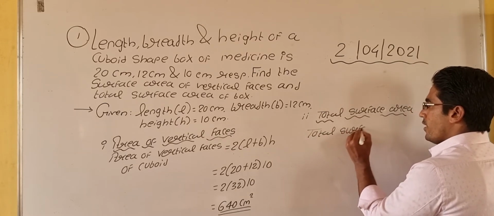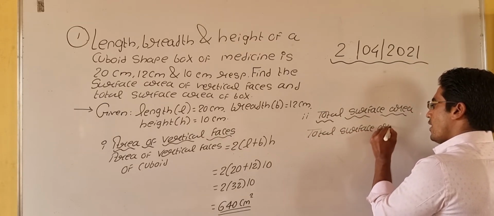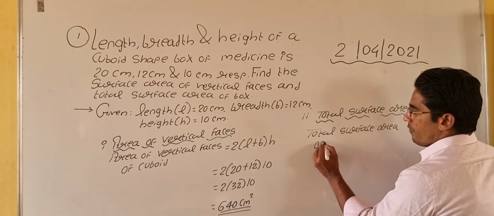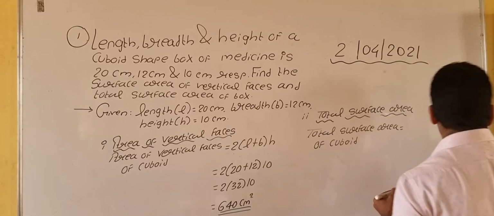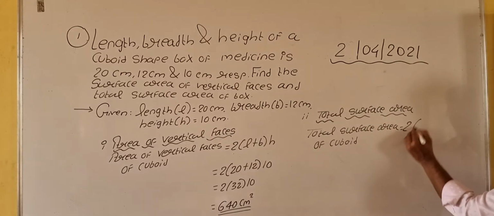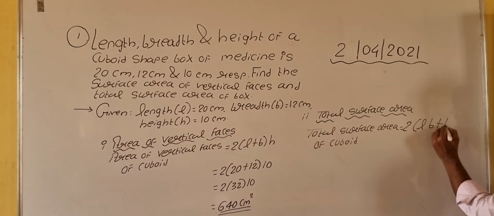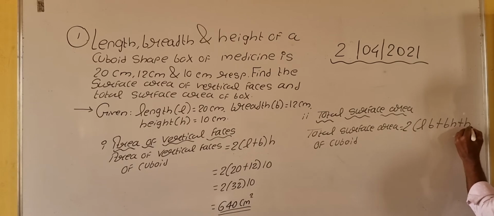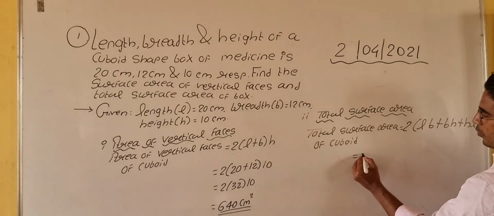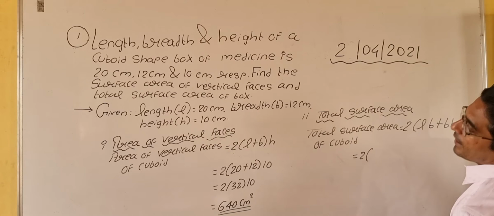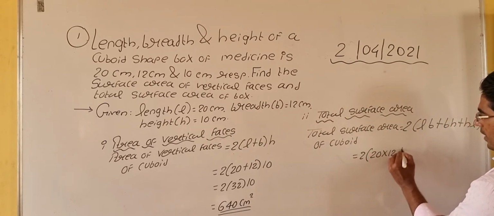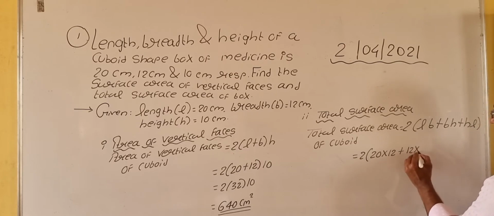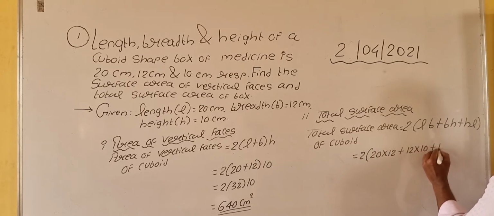Total surface area of cuboid is equal to 2 LB plus BH plus HL. That is equal to 2 into 20 multiplied by 12 plus 12 multiplied by 10 plus 10 multiplied by 20.